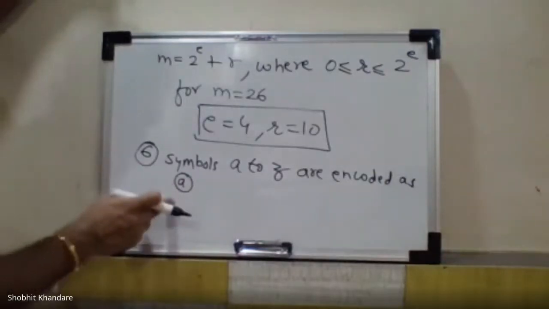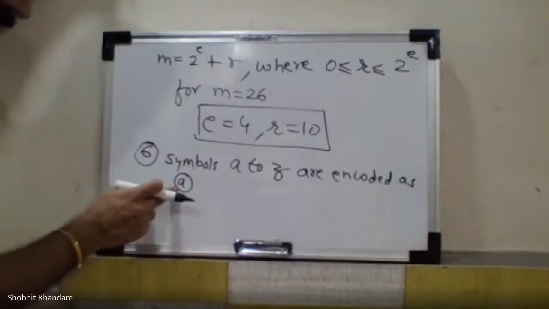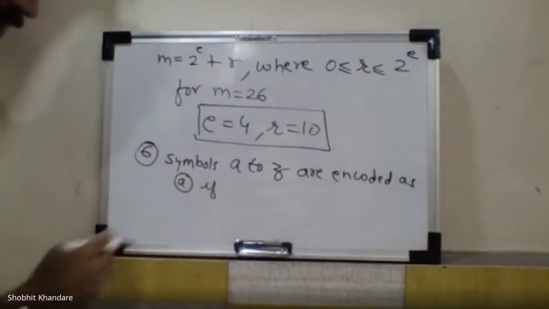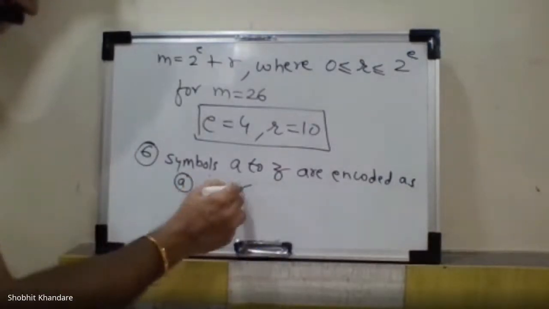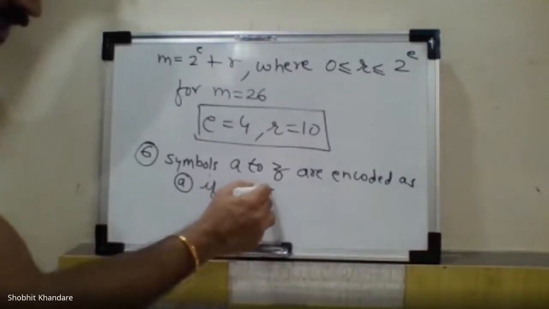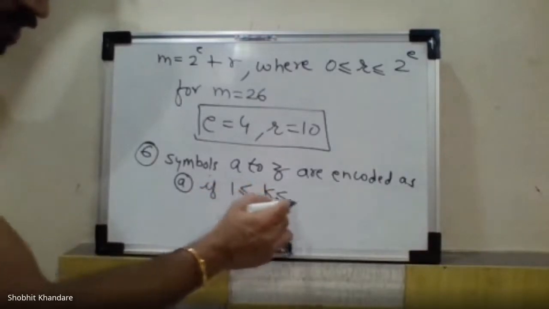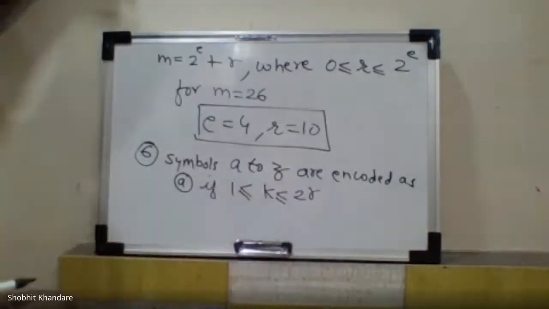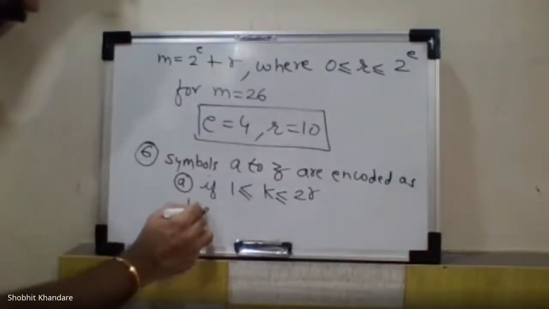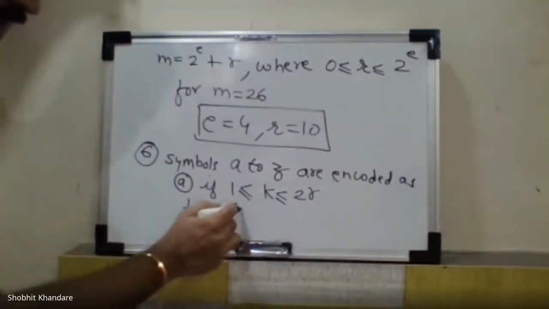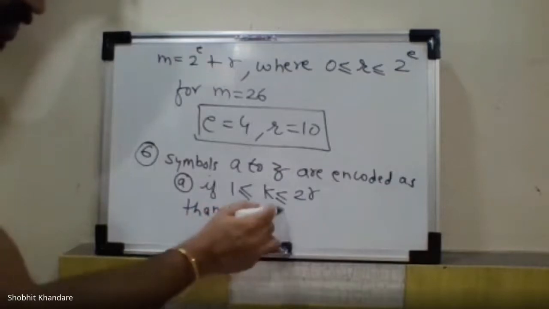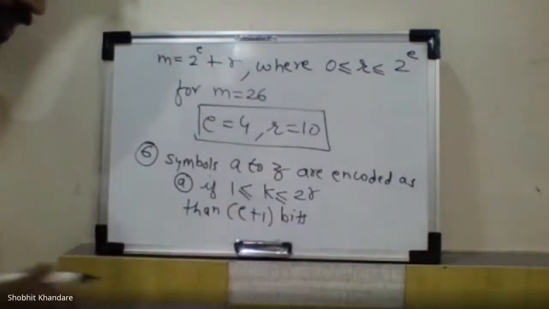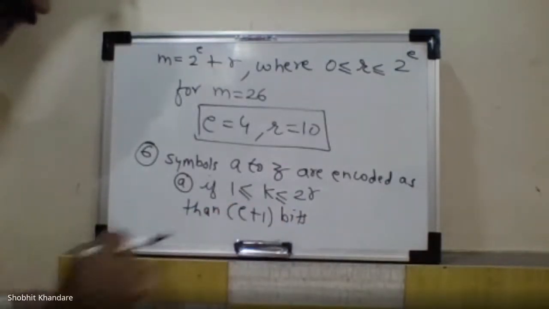In a, what am I writing? If k is less than or equal to 2r, if k lies between 1 and 2 into r, then e plus 1 bits are used.